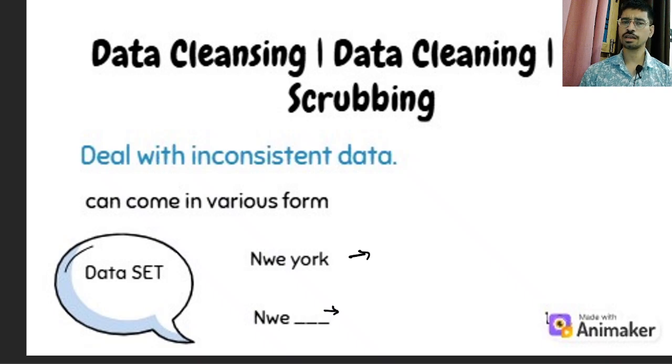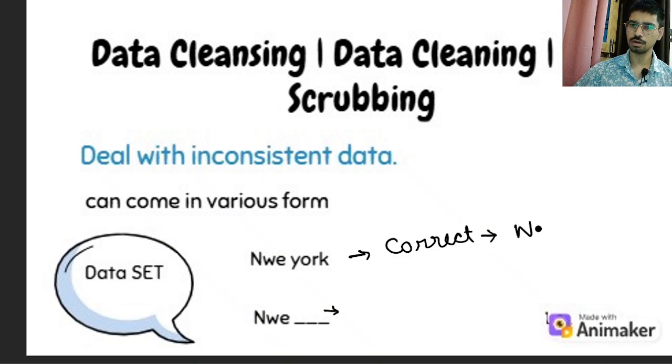After that, let's move further and understand data cleaning, data cleansing, and data scrubbing. Basically, data cleaning deals with inconsistent data, which can come in various forms. First, we have a data set in which it is written New York, but the spelling is misspelled, so we correct it and write New York.